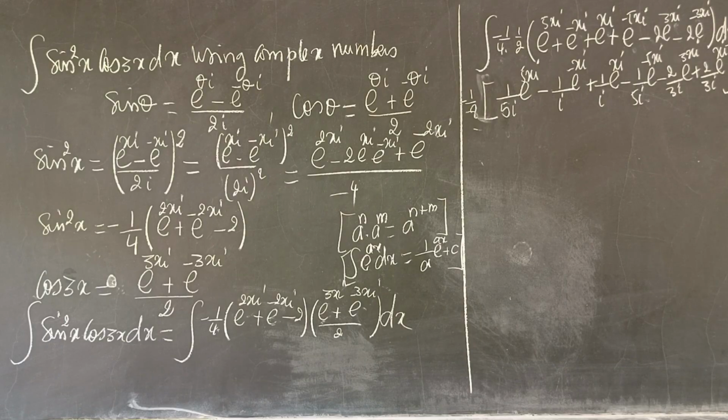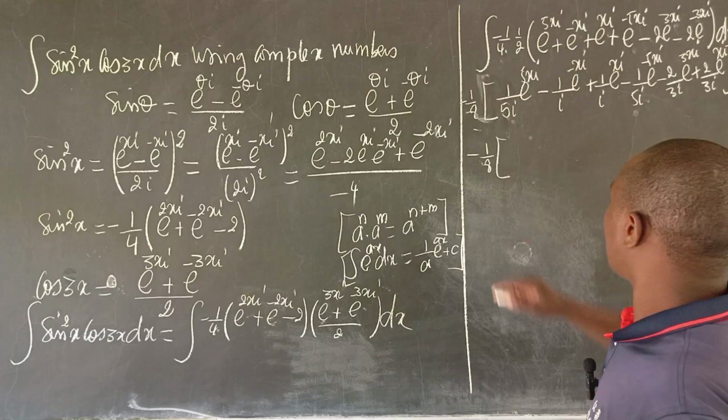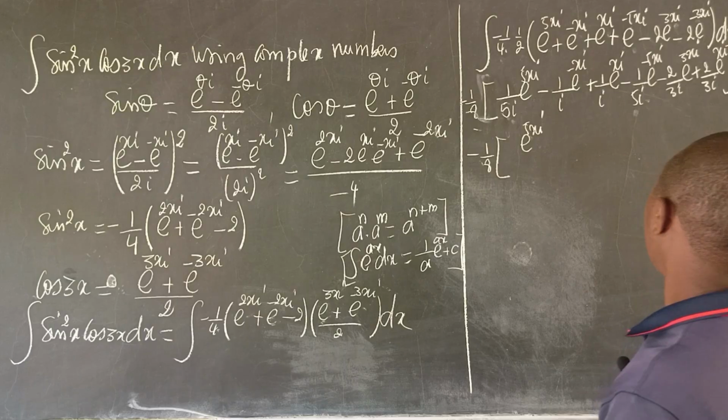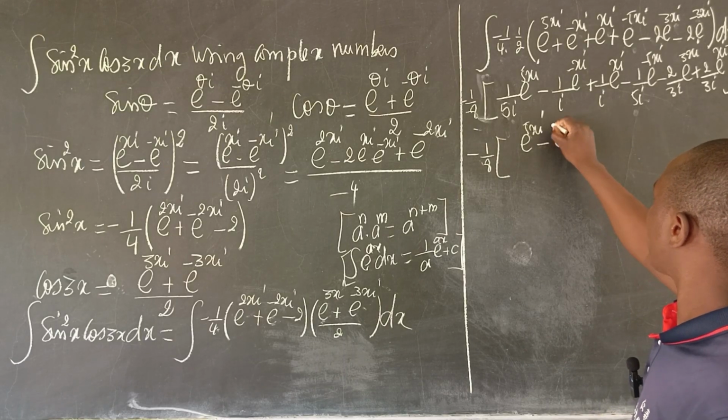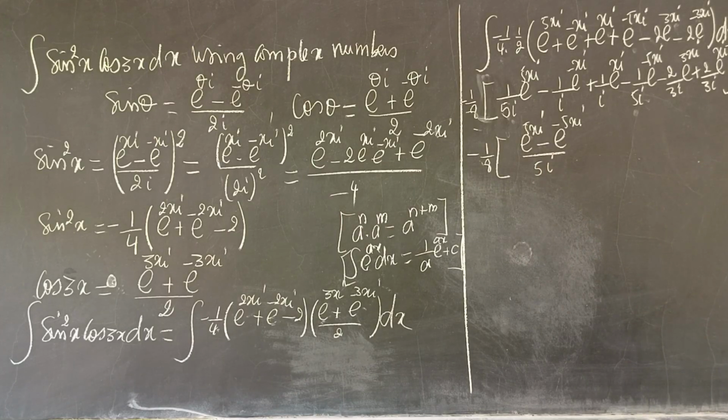Okay, so what we are going to do is to collect terms with exponents of different sign but looking the same. Example, this and this, this and this. We have minus 1 over 8 times this is exponential of 5xi minus exponential of minus 5xi over 5i. Okay, does it sound well?